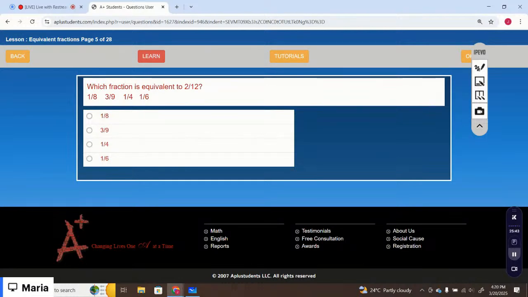Which fraction is equivalent to 2 over 12? The correct option is 1 over 6. Option number 4 is the correct option.